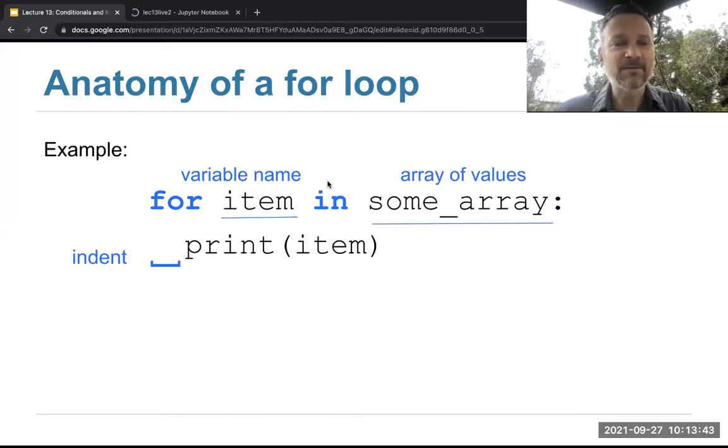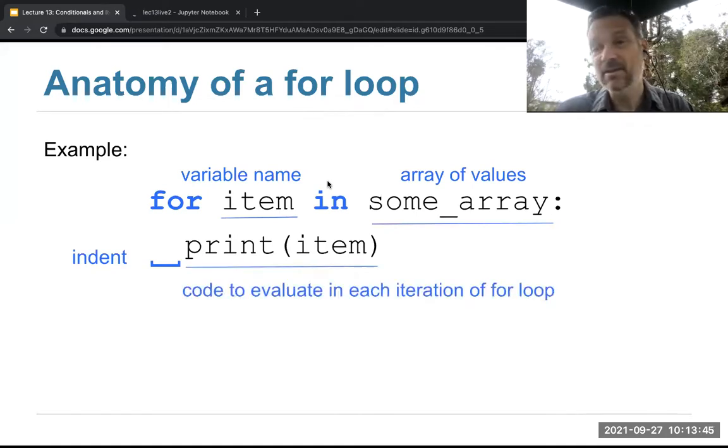The body of the loop is the stuff underneath the for. Notice that it starts with indentation. That helps Python tell which statements should be repeated. And that code will be evaluated once for each iteration of the loop, in other words, once for each element of the array. Let me show you an example.